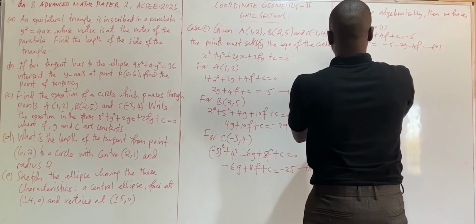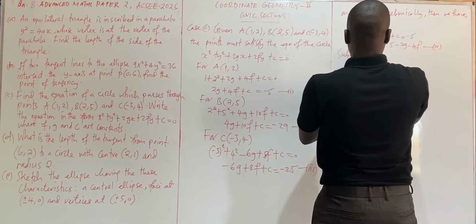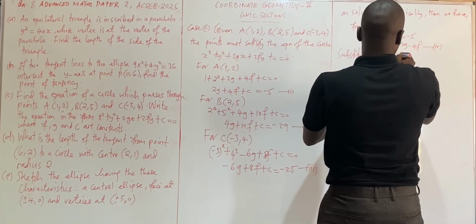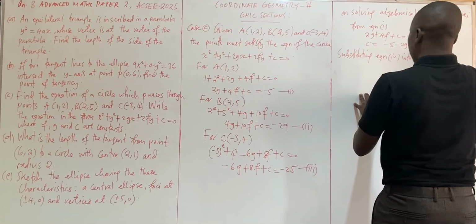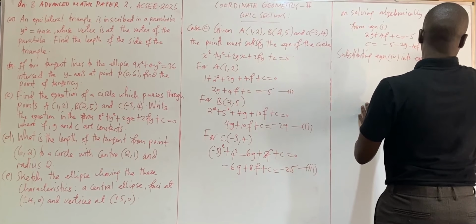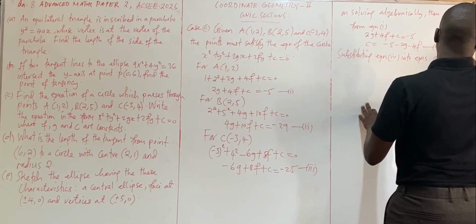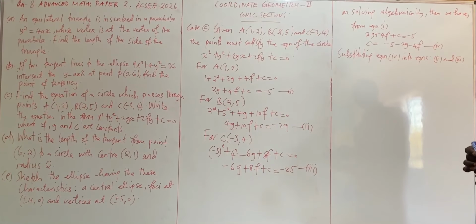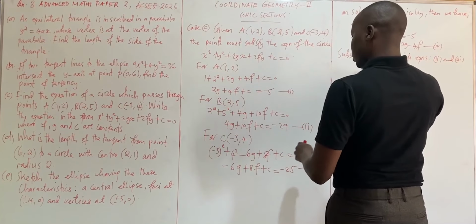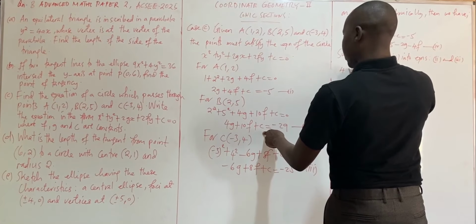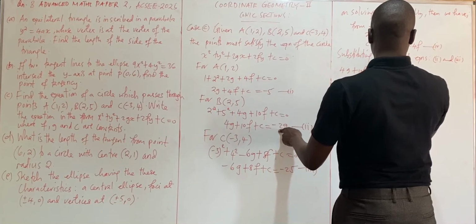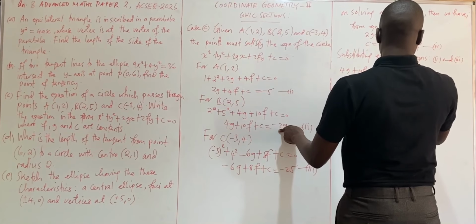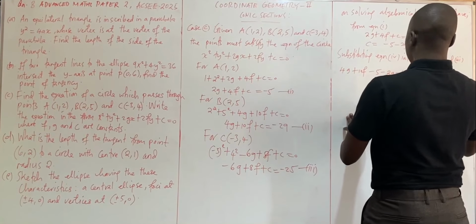So now we say substituting equation 4 into equations 2 and 3, so as to remain with two unknowns, where solving will be simple. If we plug them here, it will be 4g plus 10f, and for c we plug in -5 minus 2g minus 4f, equals -29.